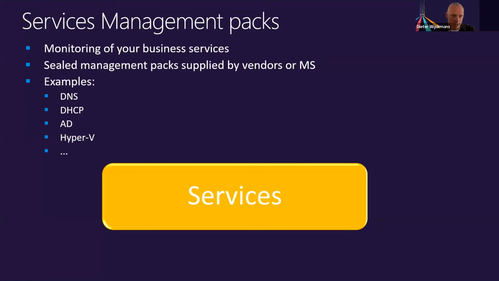Those management packs are called services management packs, and you can already see that these management packs are also sub-projects. So take your time. When I make an estimate for an Ops Manager environment, I always make a breakdown of all the management packs or the services they need, and I put a couple of days on there.